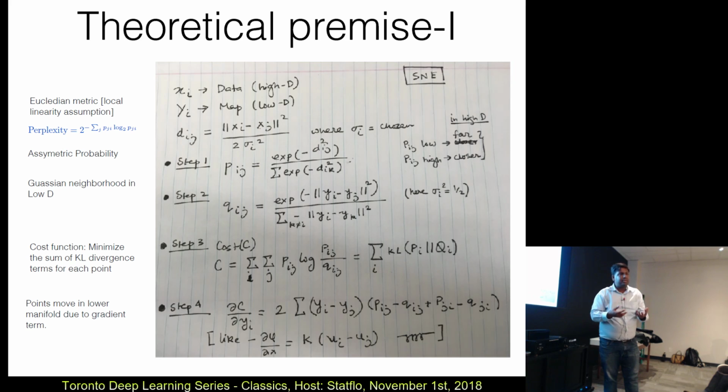So t-SNE has two major changes, right? It becomes symmetric SNE, and instead of Gaussian neighborhoods, it starts using essentially t-distributed functions.